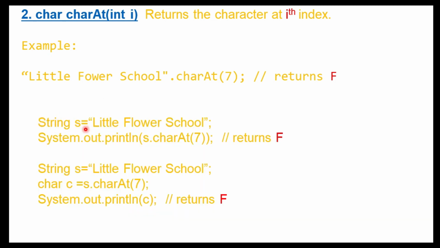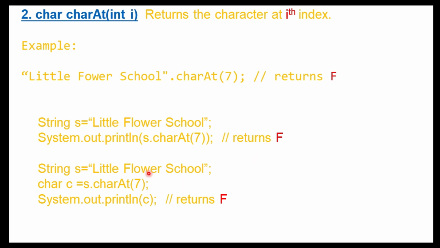I have declared the string and now directly I am printing the answer with the println statement. So System.out.println s.charAt(7). I will be getting the output F only, because the character present at the 7th index position is F.